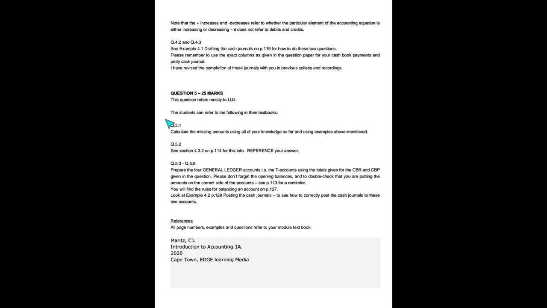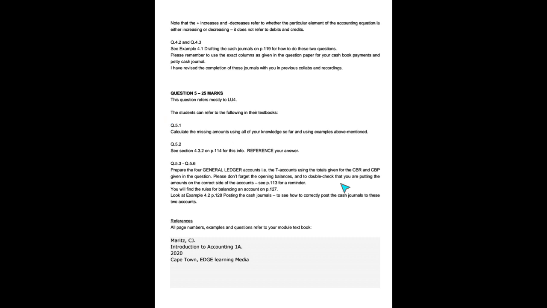Always remember your opening balances. Every T account always starts with an opening balance. After recording the opening balance, we then record the totals that are being posted into that account for the current month. When we've finished posting the totals from the journals, we then balance the account.